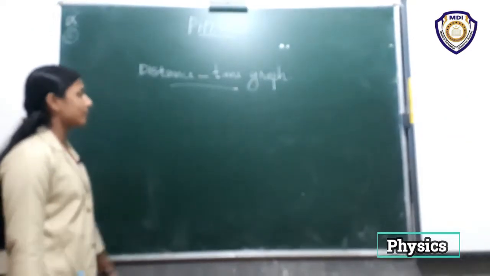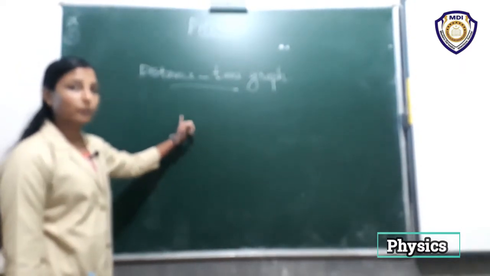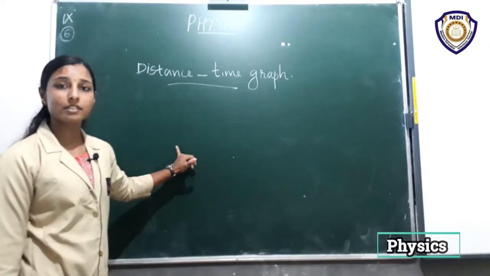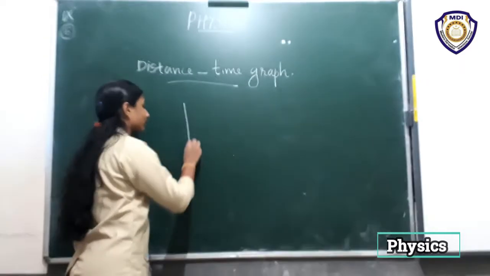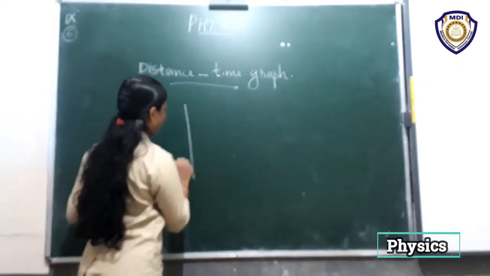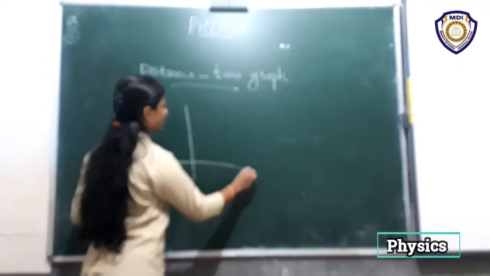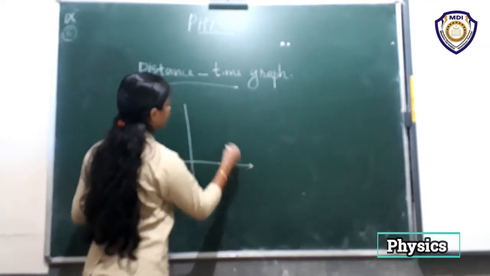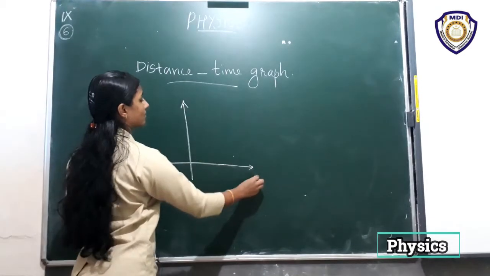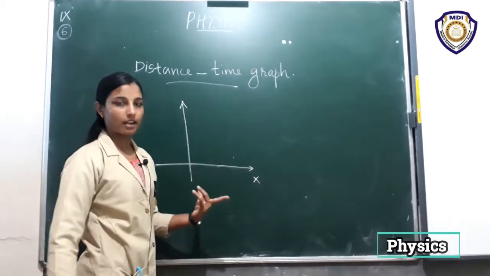In the distance-time graph, we are representing the motion by using line graphs. We already said that, right? So we have the x-axis as well as the y-axis, the coordinate axes. You all know this, right?